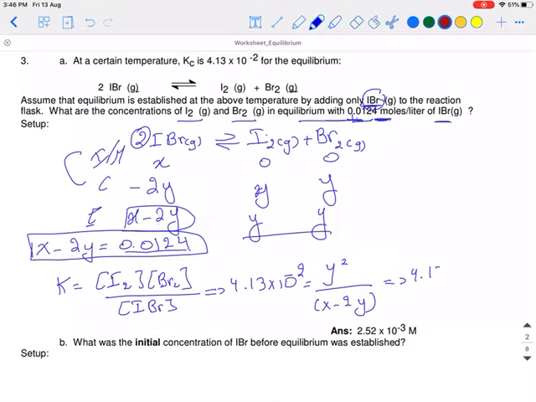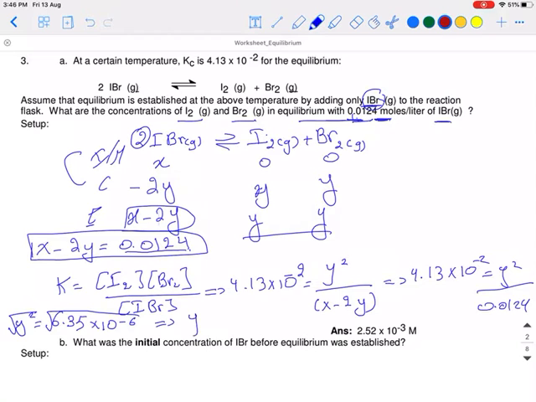So 4.13 times 10 negative 2 equal y square over 0.0124. I can cross multiply to find y square and then take the radical of the answer. So y square equals 6.35 times 10 negative 6, and then taking the radical, y equal 2.52 times 10 negative 3.